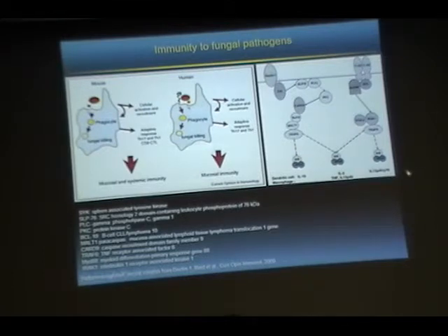What they have not shown here is this NF-kappa B can also lead to the production of IL-23 in some of the antigen-presenting cells, and that leads to the induction of Th17 responses in the epithelium. Maybe we have that in the next slide.